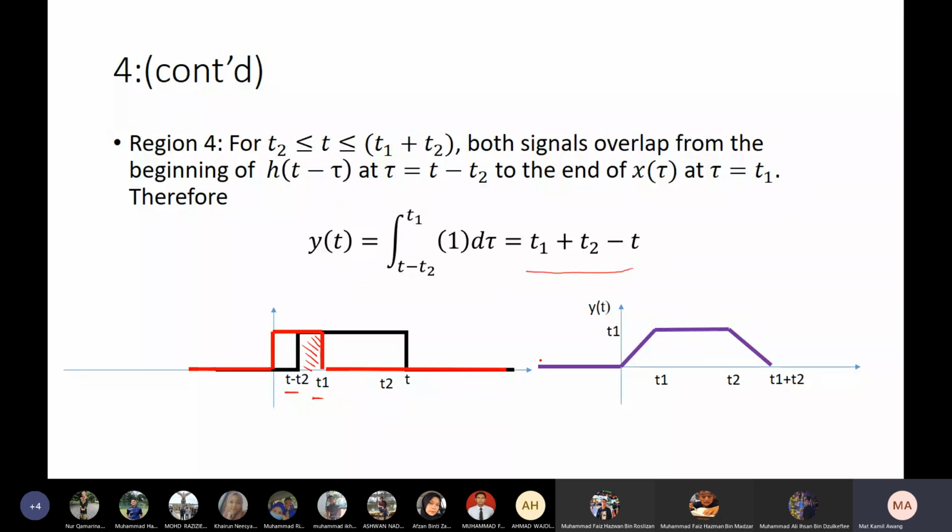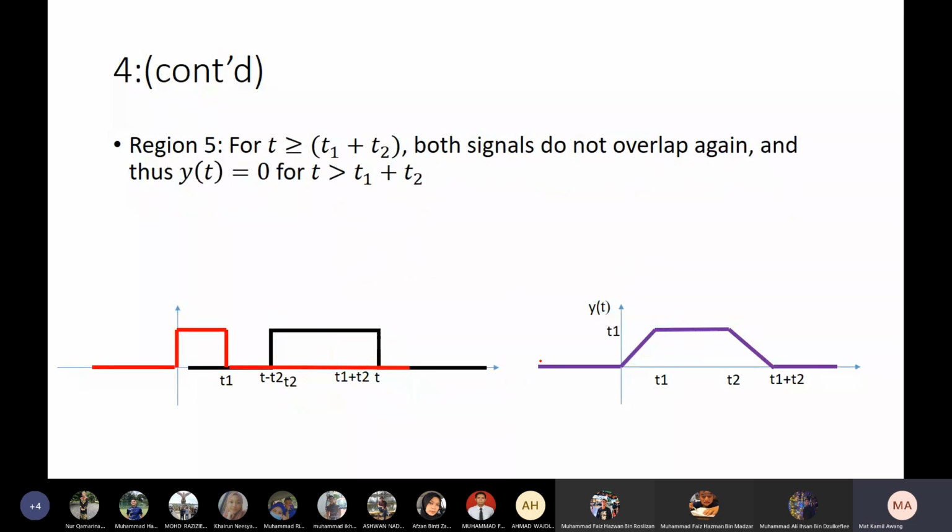And region number 5, when there is no overlapping, which is for t greater than t1 plus t2. So there is no overlapping. Therefore, y of t is equal to 0. So you get this.